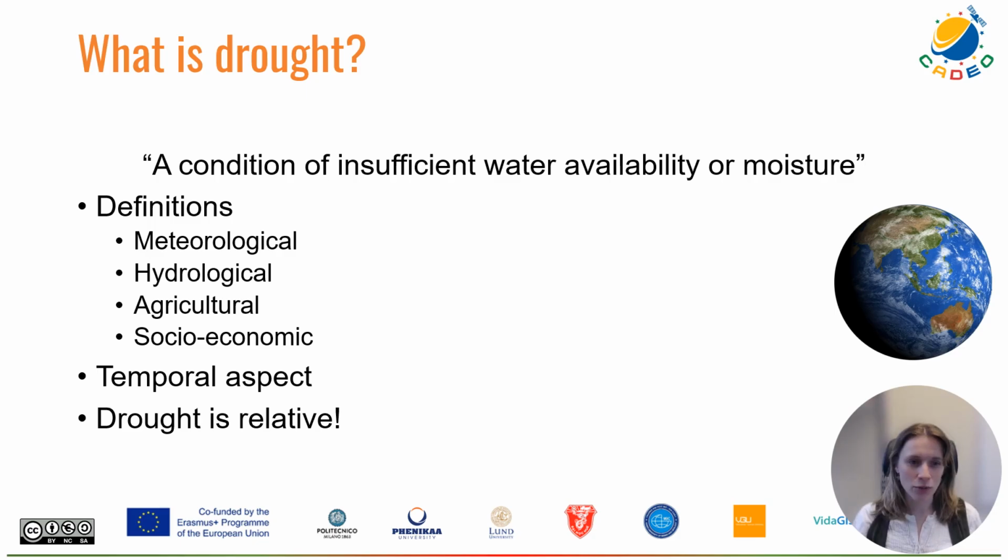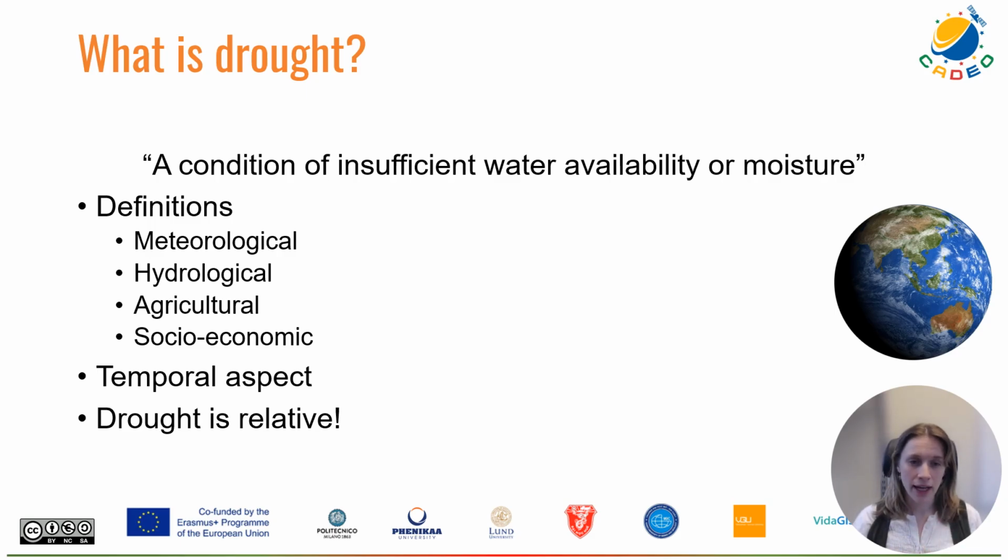So because of that, we have also other definitions that are linked to meteorological drought. For example, hydrological drought is when you have less water in rivers, in reservoirs, lakes, water bodies, or in groundwater reservoirs. So that's hydrological drought, and this often happens when a meteorological drought causes a reduction in, for example, groundwater levels or river flows.